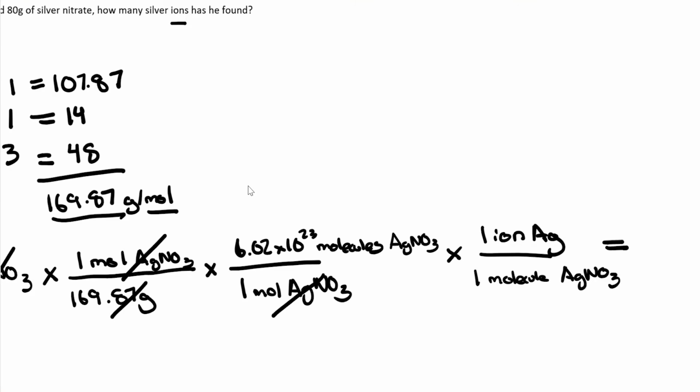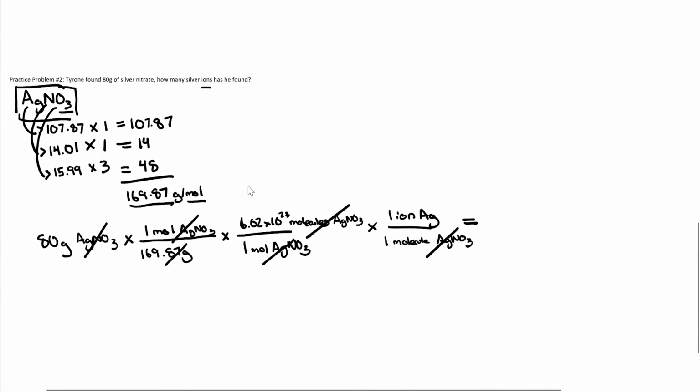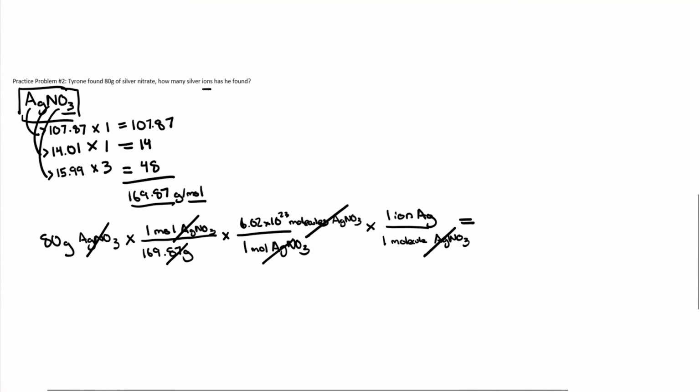So you're multiplying by 1, but it just shows you how we get this relationship. So the molecules of AgNO3 cancel out, and finally you get your answer over here. Now this step wasn't necessary, but if there were 2 silvers, for example, it would become very important to include that step. So 2 silvers in the chemical formula here.